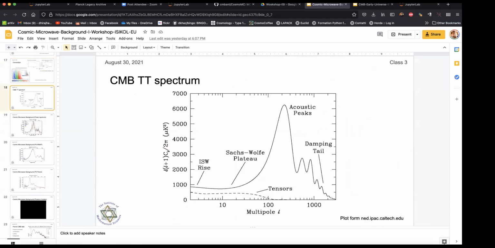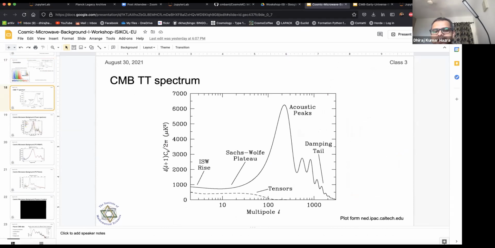Now, can anyone say? It is diffusion damping. Exactly. This is the diffusion damping tail, or Silk damping, because our last scattering surface has a width, and in that width, while the photons were getting decoupled, they were still interacting with the electrons. So the signals that they were carrying were getting destroyed by all these interactions.